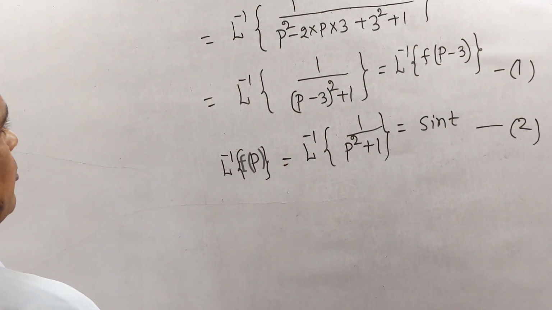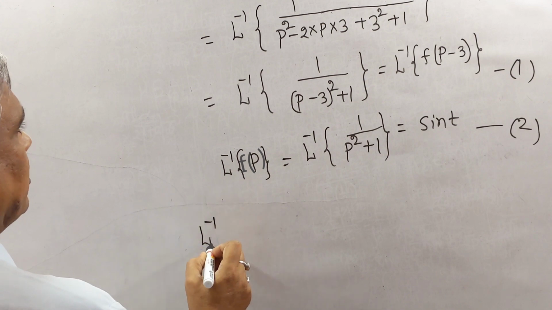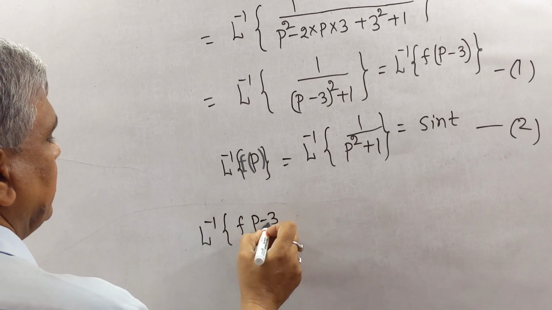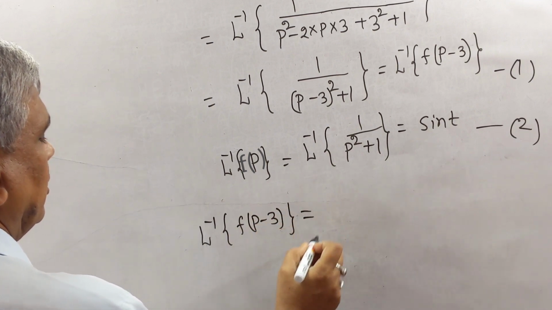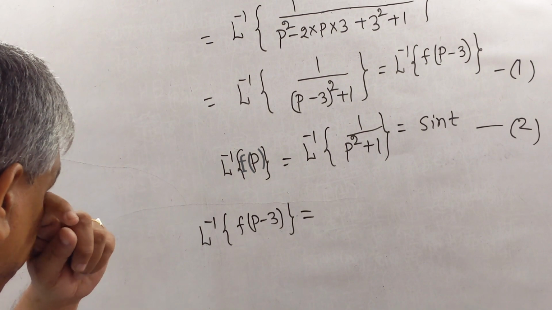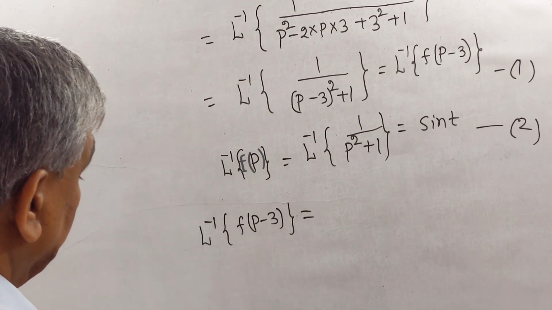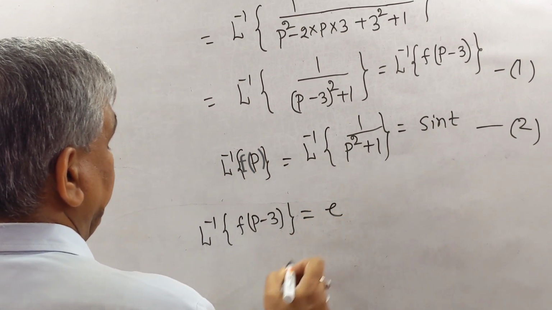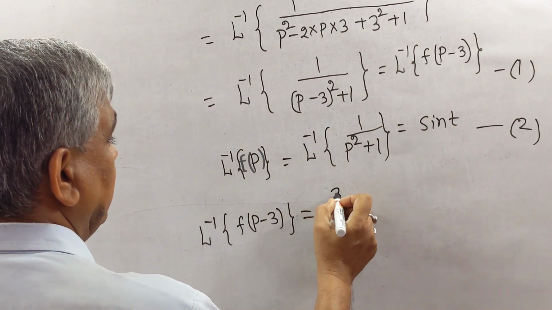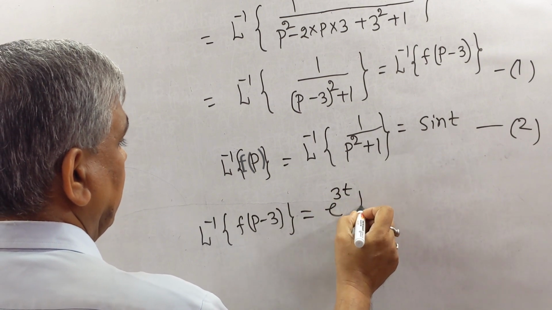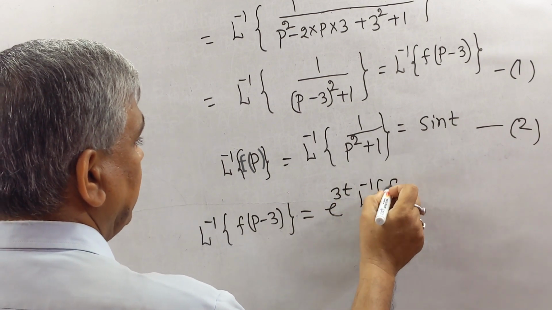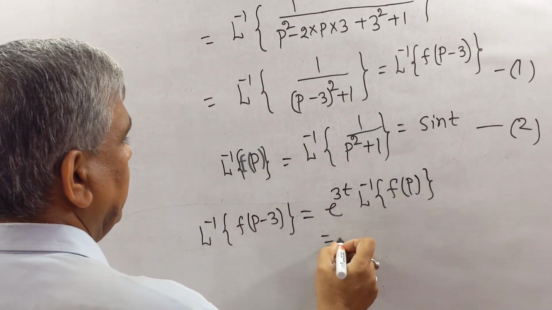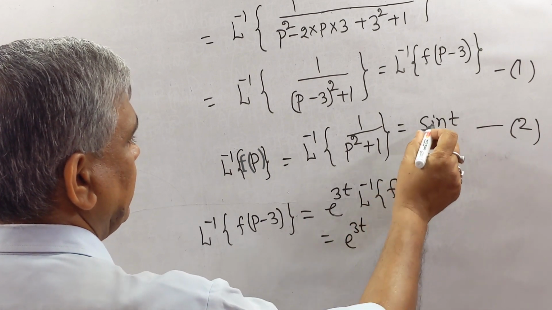So from 1 we get L inverse F(p minus 3), using inverse Laplace transformation for first shifting theorem, e to the power 3t L inverse F(p), and e to the power 3t L inverse F(p) is sin t.